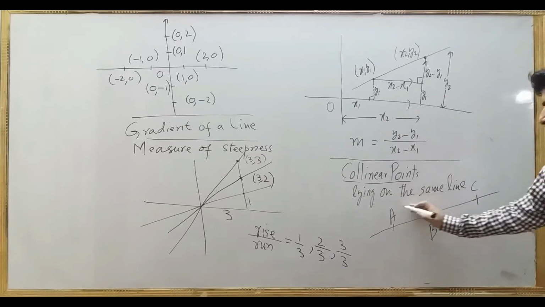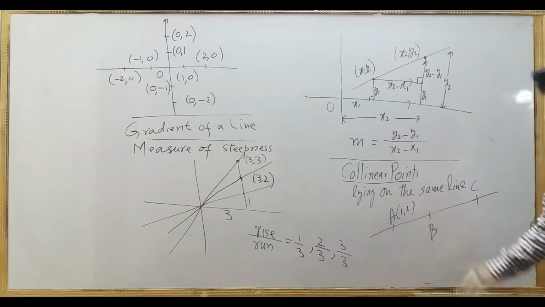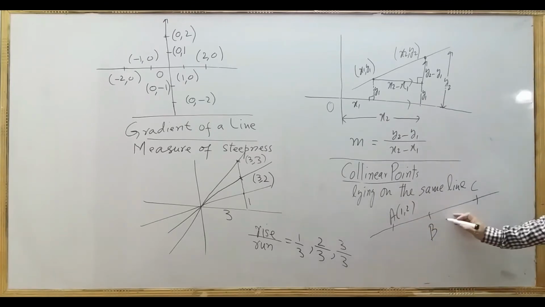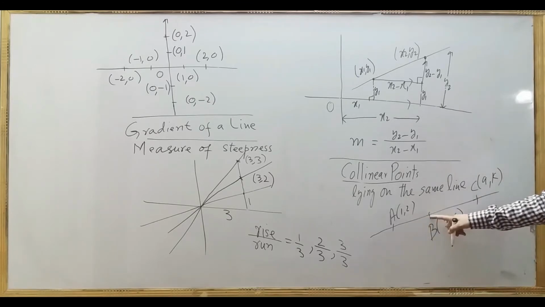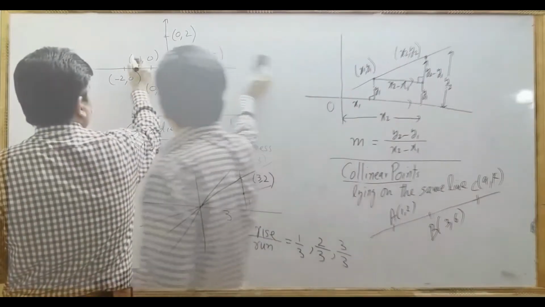For example, say A point is (1, 2), B point is (3, 6) and say this point is (9, k). Now you are asked to find k. How will you find k? You will find the gradient of AB, then you will find the gradient of BC. They will be equal.